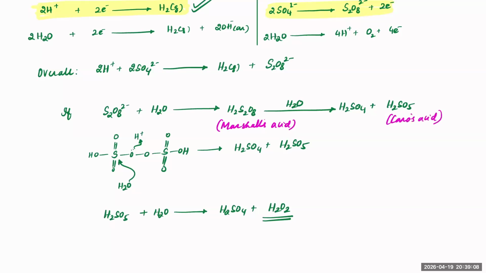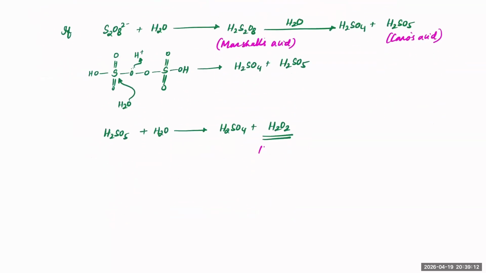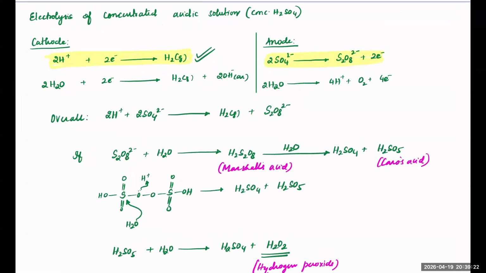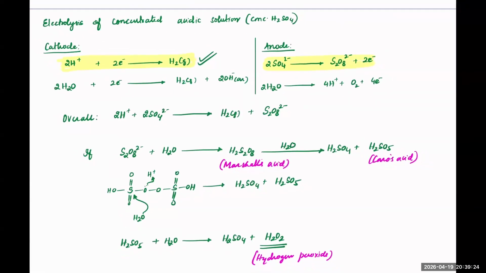So first Marshall's acid is prepared, then Caro's acid is prepared, and from there hydrogen peroxide can be prepared. Okay. So this is how the electrolysis of concentrated H2SO4 works, everyone. Clear?